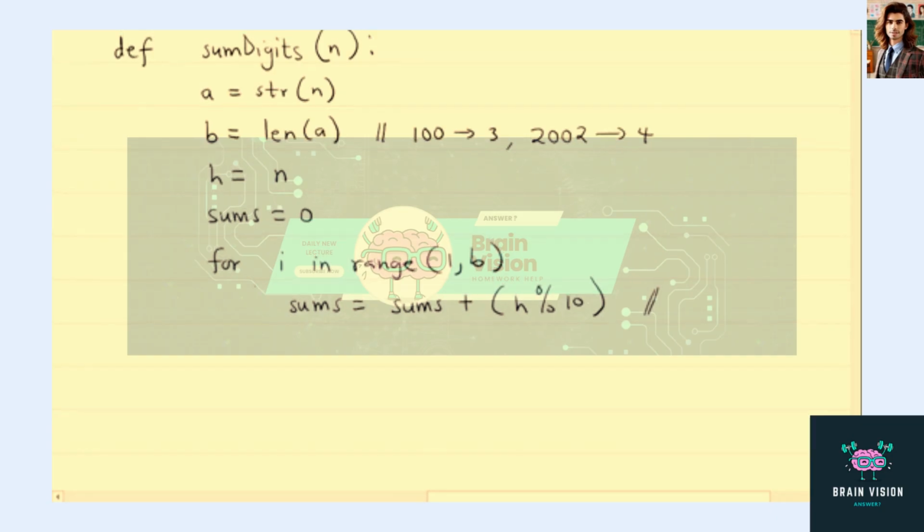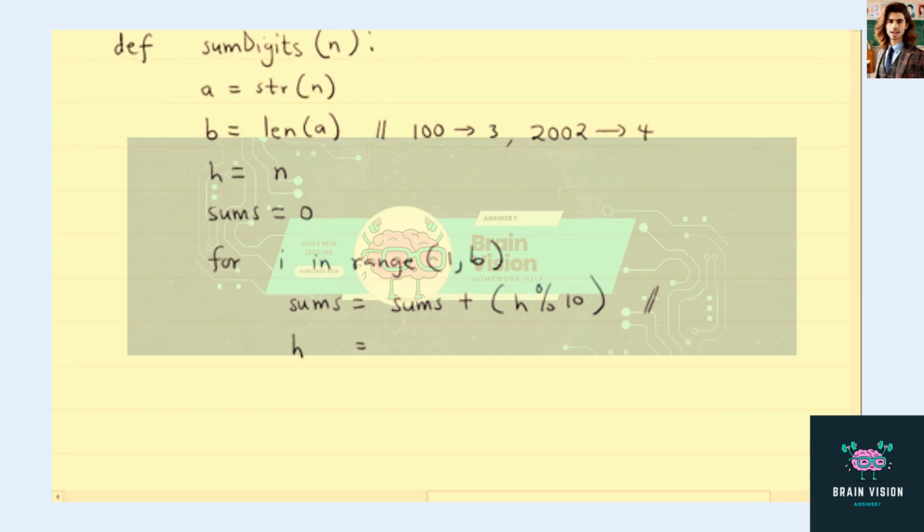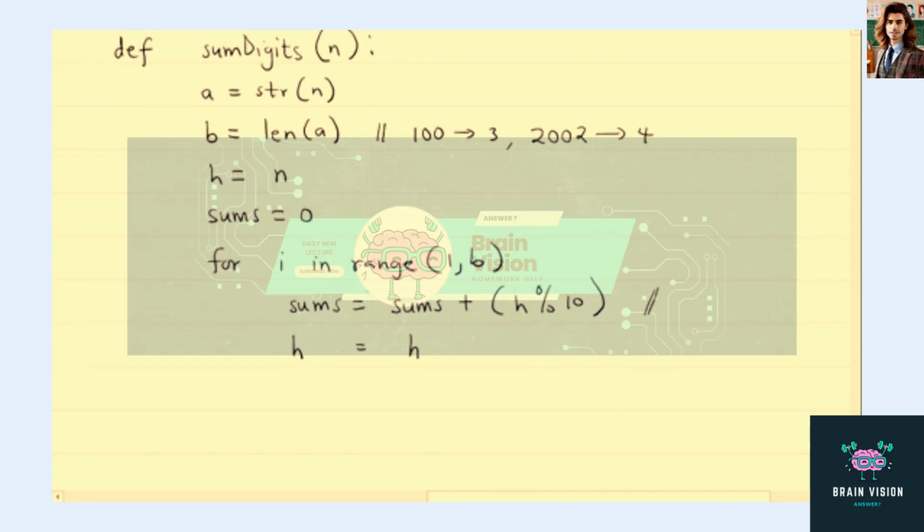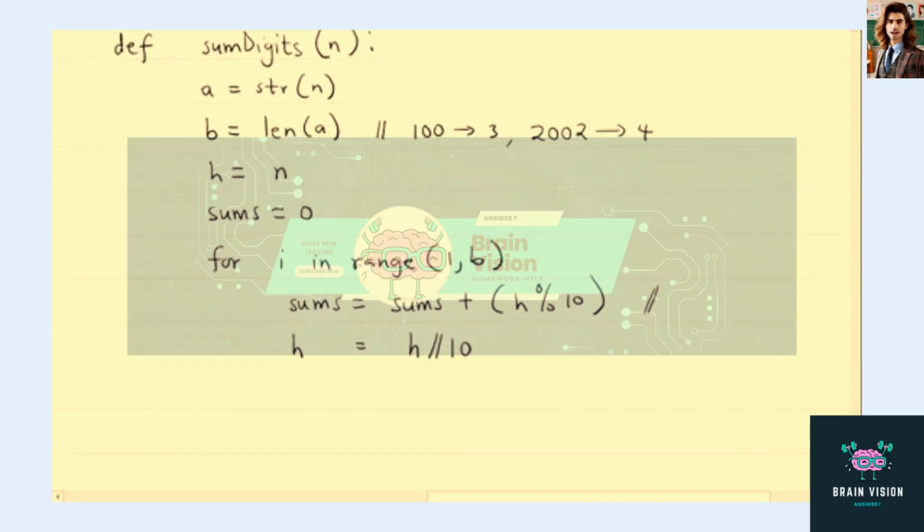Okay, the next step is h that is equal to the h, then double slash 10. Now what this means is that we have the h and we are dividing it and getting only the integer part.